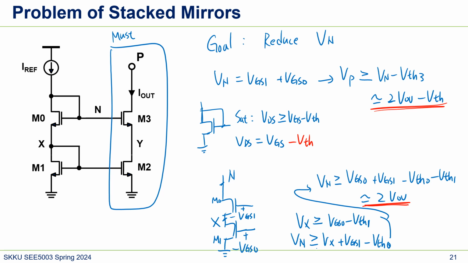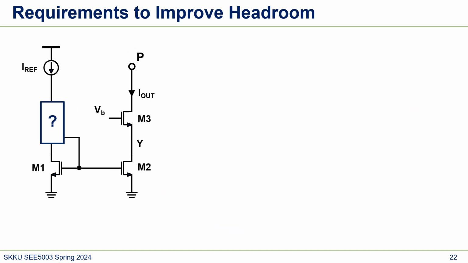This 2 VOV is the minimum value that we can achieve. Compared to our cascode current mirror case, we can save VTH. So the conclusion is that we can save VTH in headroom, and this is our goal. As we discussed in the previous slide, our goal is to improve headroom by VTH.